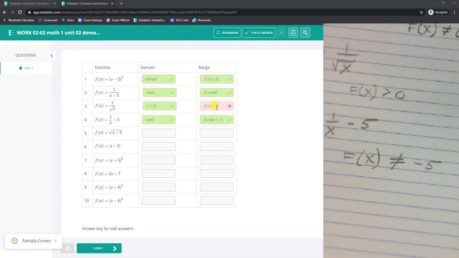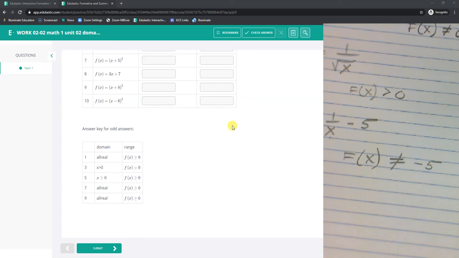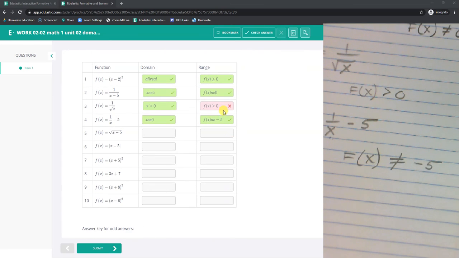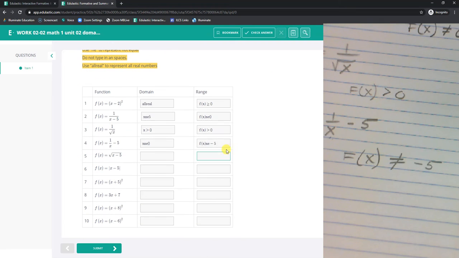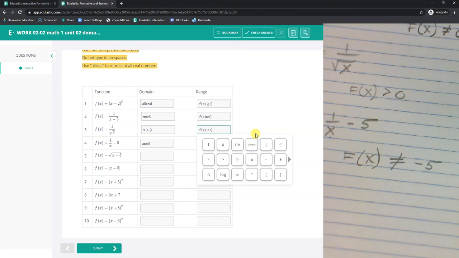Where did we mess this up? Number 3, f of x is greater than 0? What? It doesn't like that one. Did I type things in when I wasn't supposed to type anything? And f of x is greater than 0.